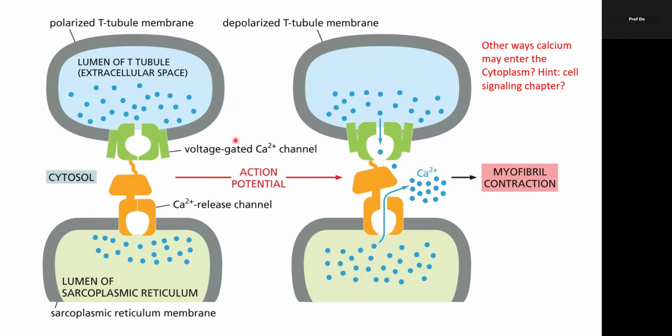Calcium is a secondary signal. Now, calcium's main role in this is for the contraction of your muscle. But here's a pop quiz: what causes the calcium to get released?